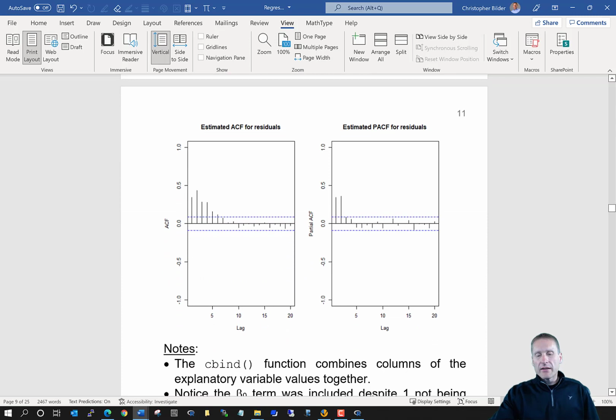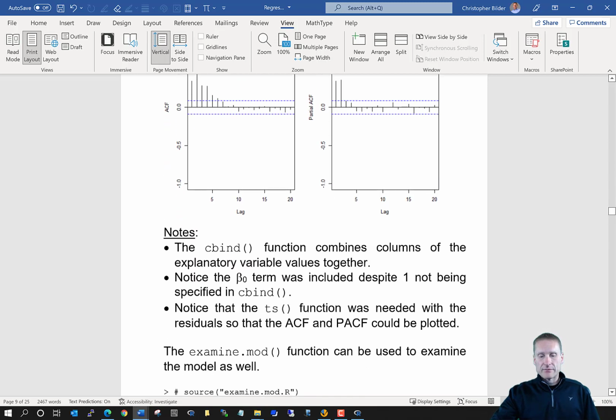And so this is what we get, exactly the same as what we had previously when we used the LM function. So the purpose here is to draw the connection between using the ARMA function to estimate a model under independence versus using the LM function, which is what we would normally use to estimate a model under independence.